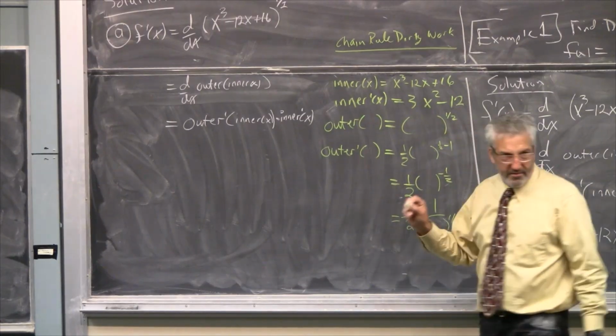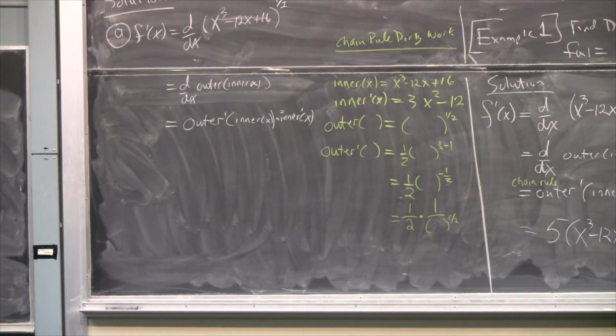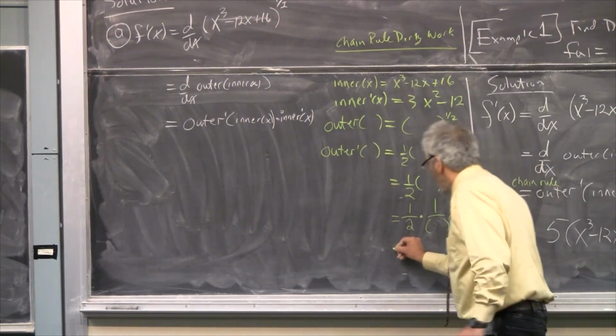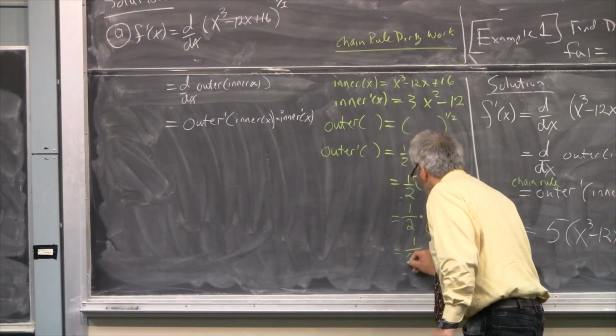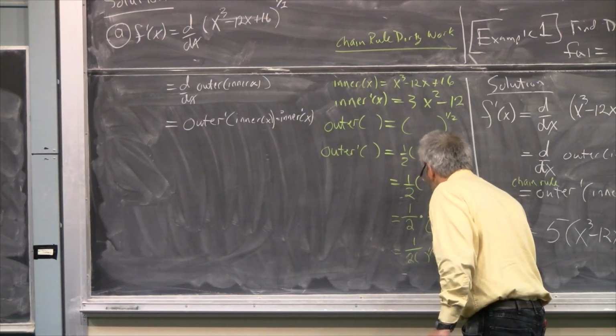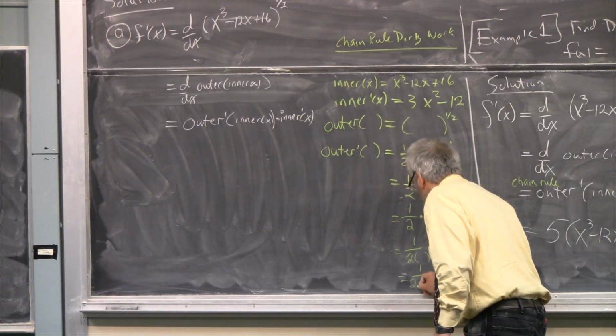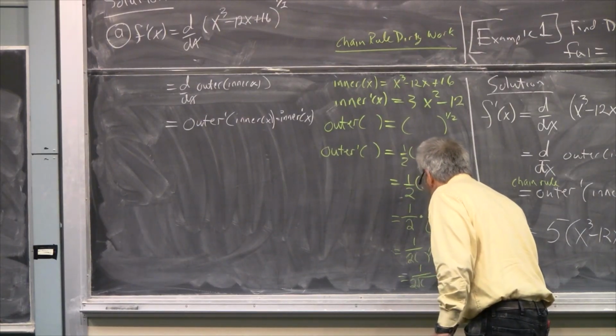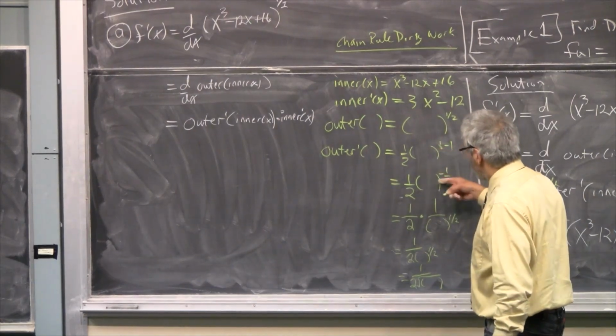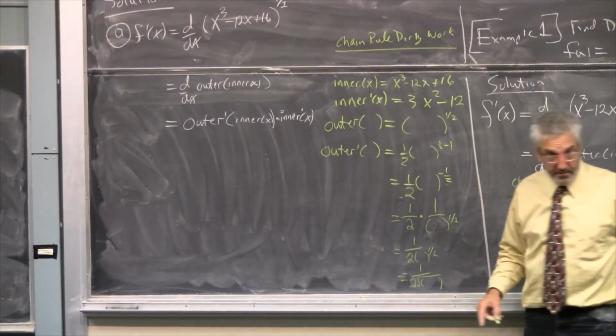So again, baby steps, only one step at a time. Do not try to do more than one step. Now this can be written as 1/2 parentheses to 1/2. And if you want, that can be written as 1/2 square root of parentheses. But there are 1, 2, 3, 4, 5 steps to get here.